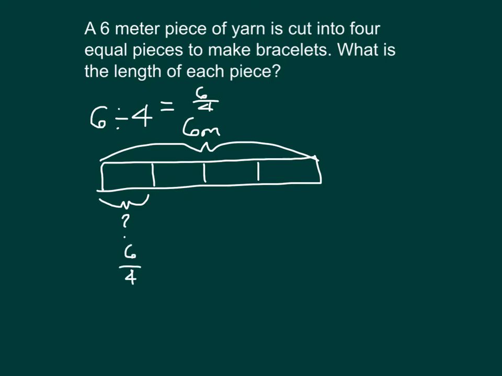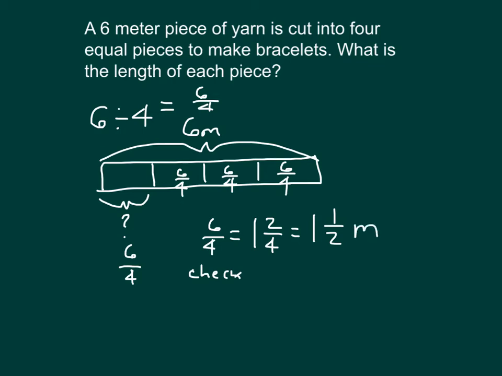So that one's 6/4, this one's 6/4, this one's 6/4, and this one also is 6/4. Now 6/4 is also equal to 1 and 2/4, which is also equal to 1 and 1/2. So each piece is 1.5 meters long.